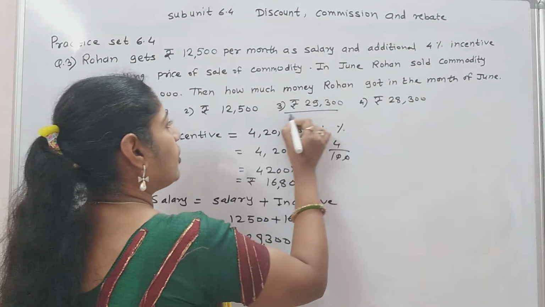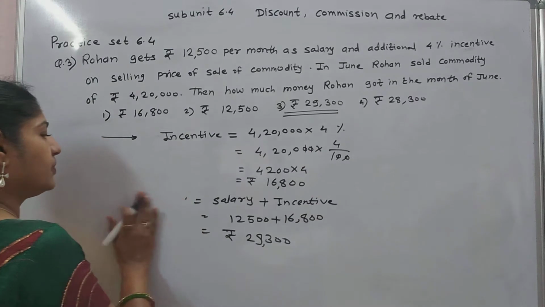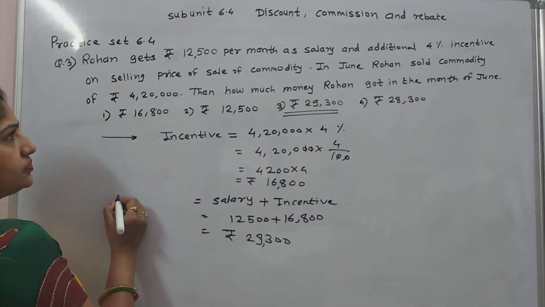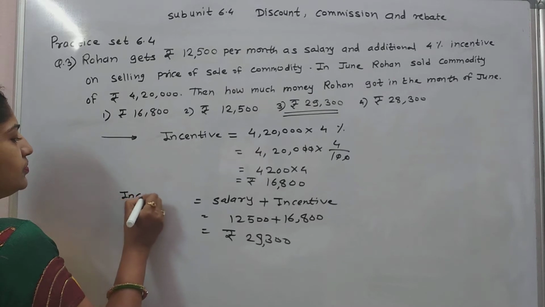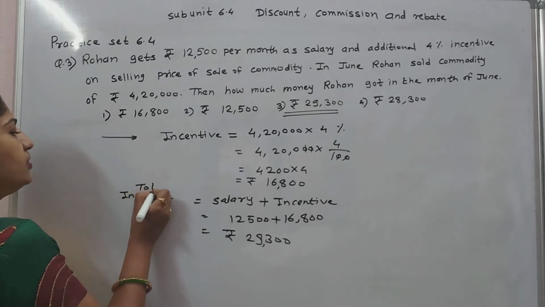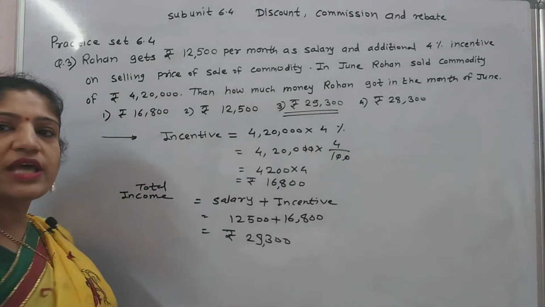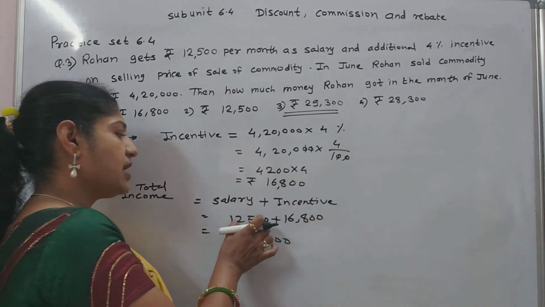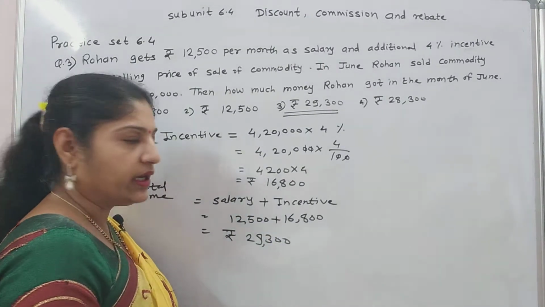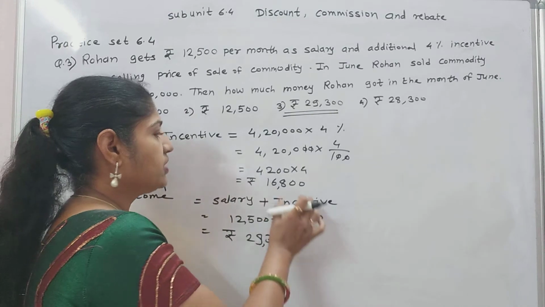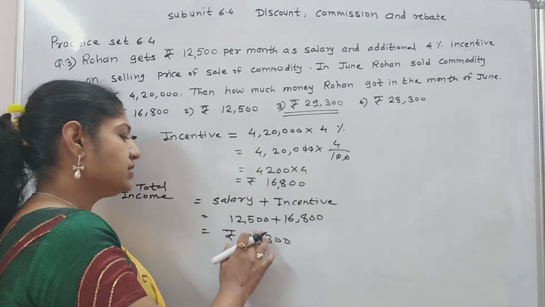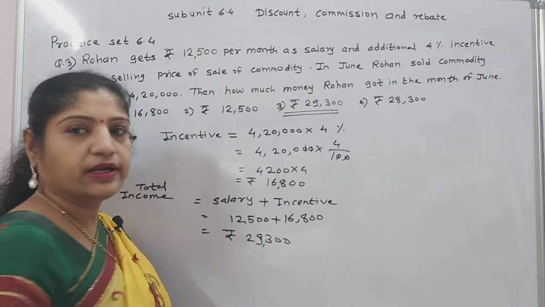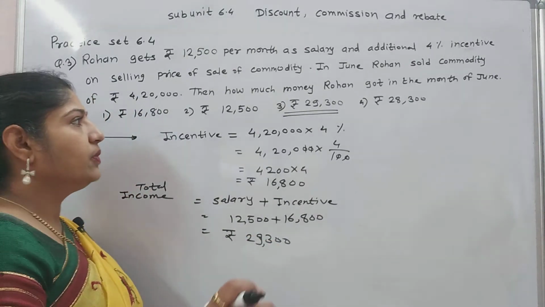That is option number 3. Total income of Rohan is equal to salary plus incentive. Salary is 12,500 and incentive received is 16,800. So total is 29,300. Option number 3.